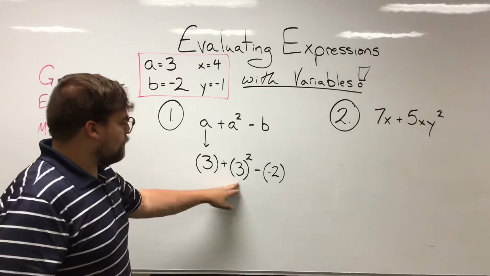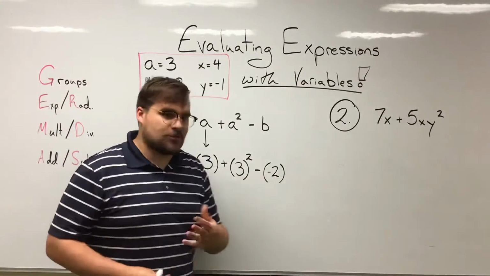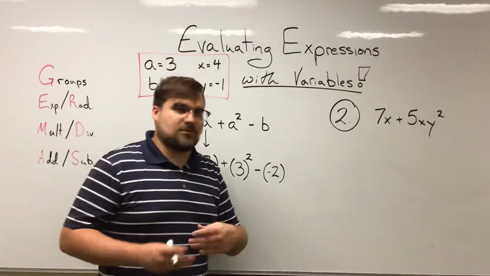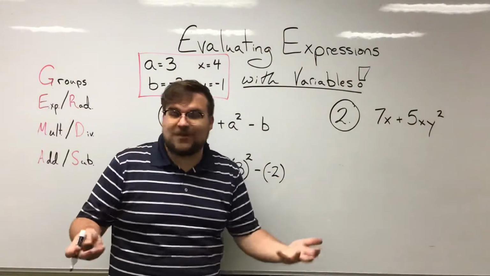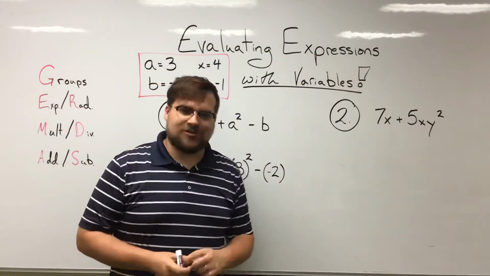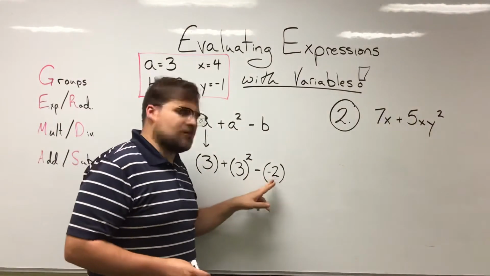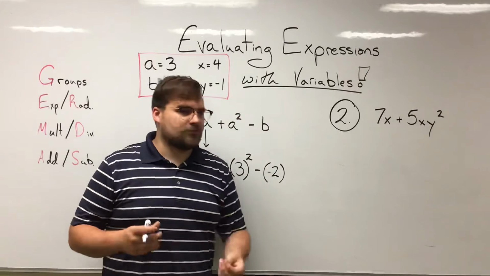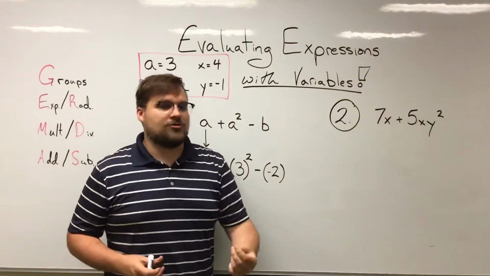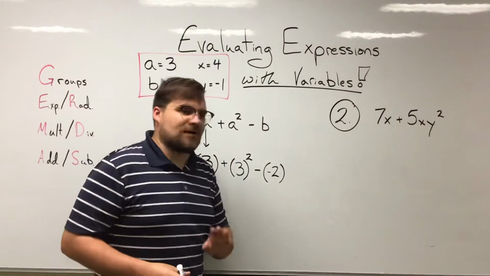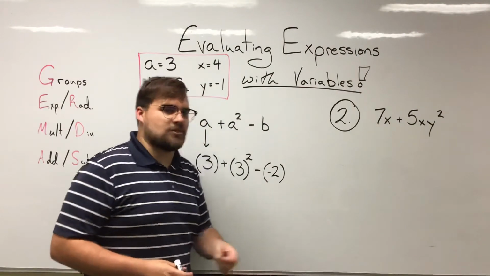And we do see parentheses here, but as you guys know, there's nothing in these parentheses to solve or to simplify or evaluate, whatever synonym you want to use there. You know, we just have a single number. If there was a little expression inside one of those groups, then we need to do that first. But in this case, we just have parentheses around individual numbers that we substituted in.